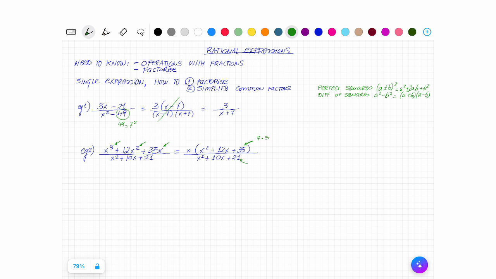And here, two numbers that multiply to 21. That's going to be 7 and 3. So things are looking promising. So I'm factorizing my numerator.